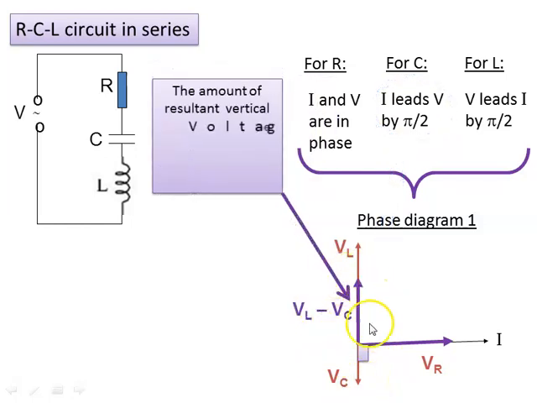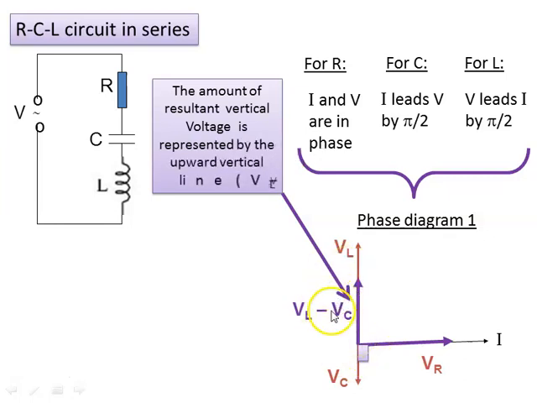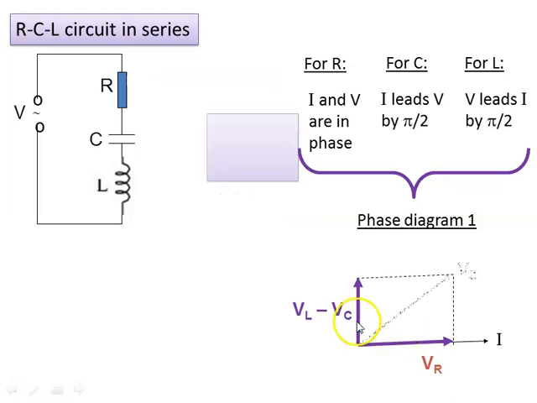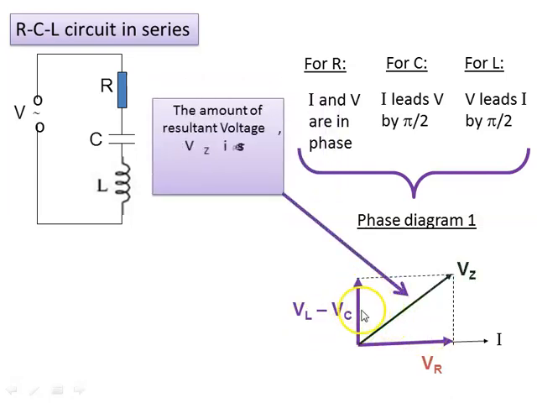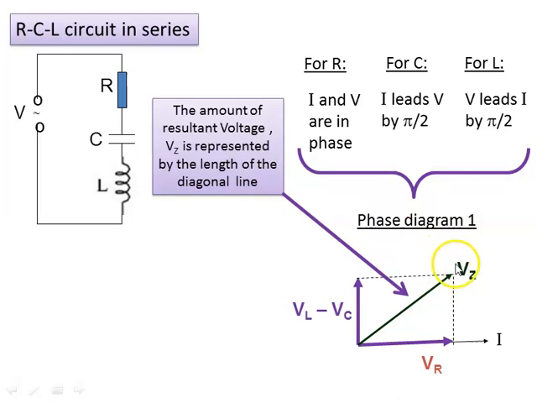Okay, refer to this VL and VC only. VL is upward positive and VC is downward negative, so we get VL minus VC, the resultant for VL and VC only. And lastly, the resultant for these two lines, these two voltages. So we get Vz.